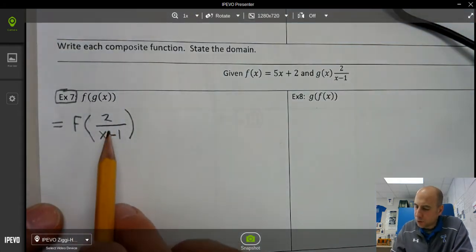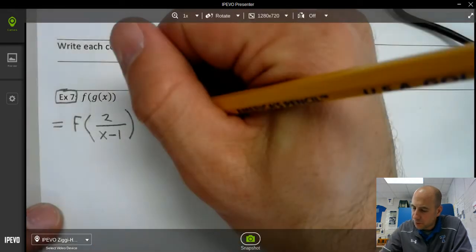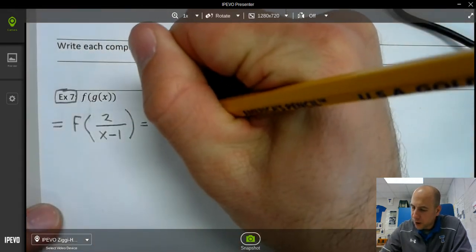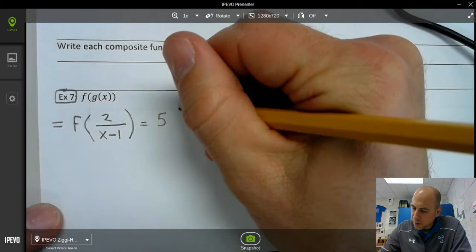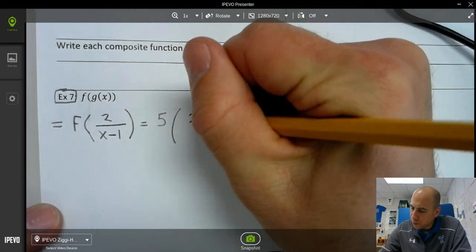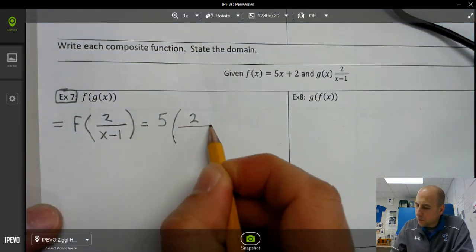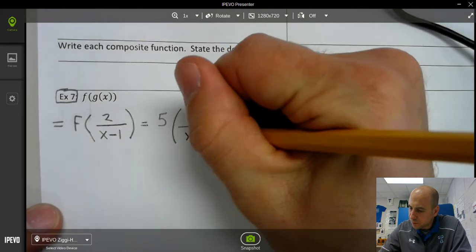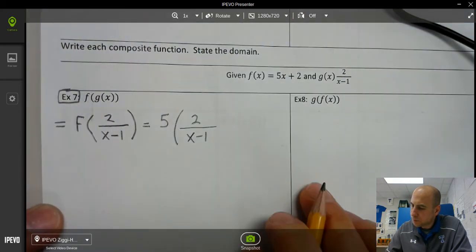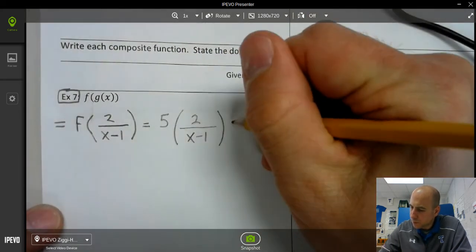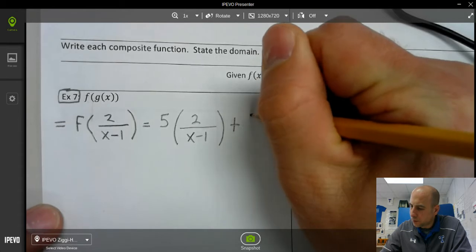Okay, so we're putting 2 divided by x minus 1 in for f, so that's 5 times 2 divided by x minus 1, plus 2.